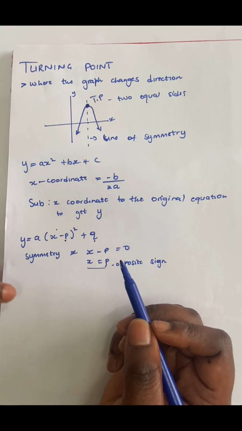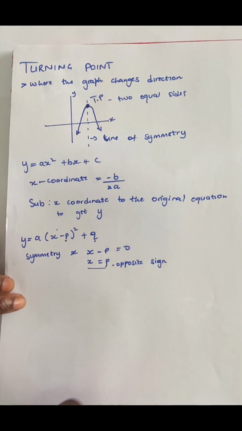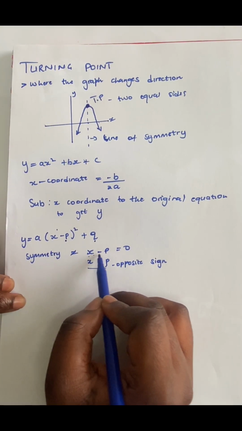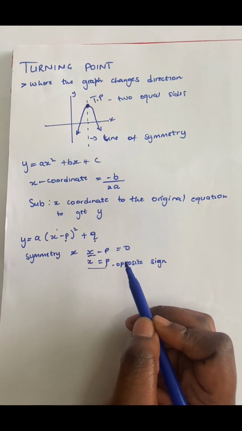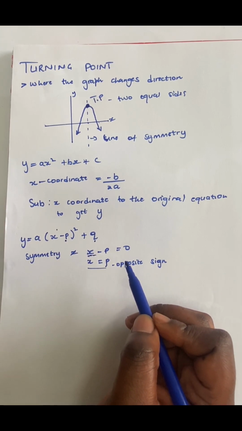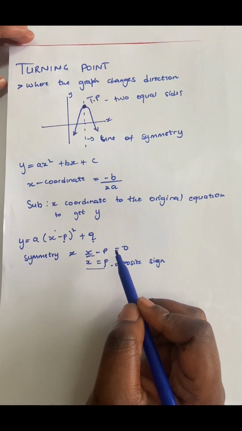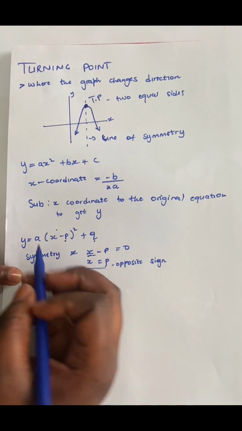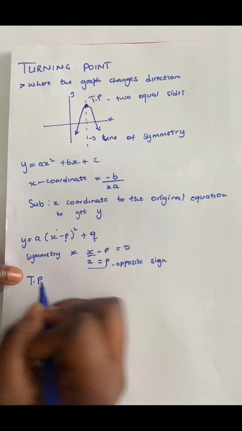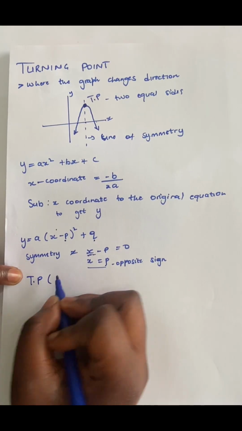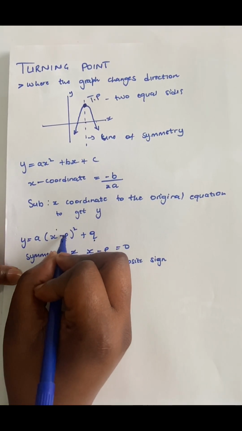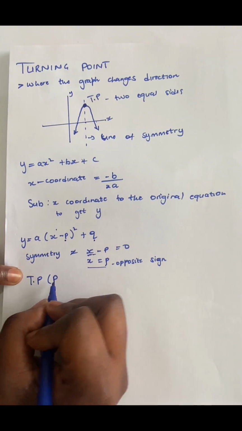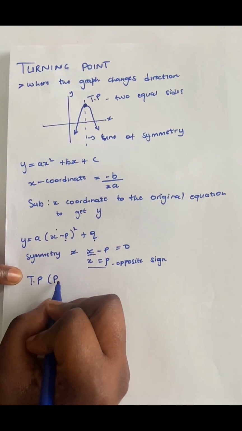The reason why you do this is they will be asking you to calculate a line of symmetry. When they ask you to calculate the line of symmetry, you use this formula. So what will be the coordinate of the turning point at this instant? It will be your p. As you see, your p was negative here, so here it will be positive.